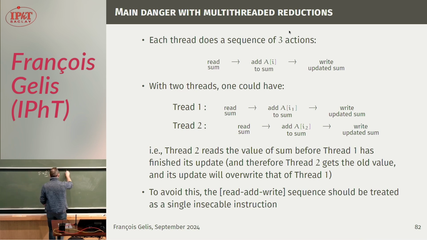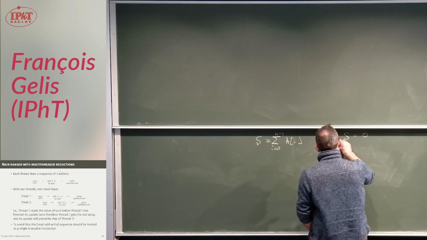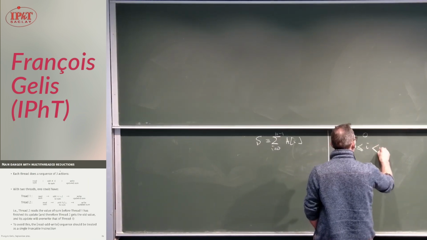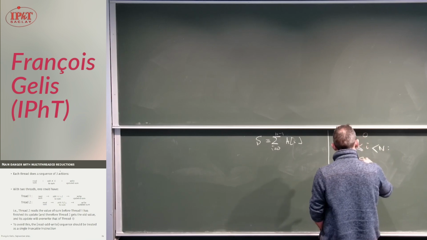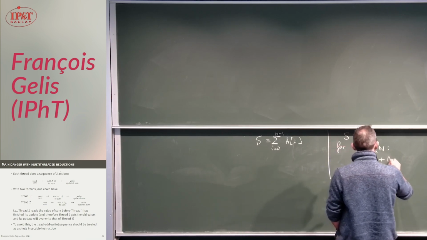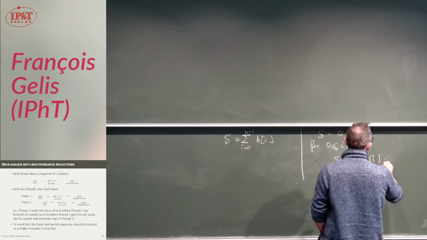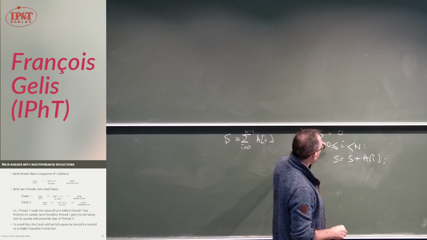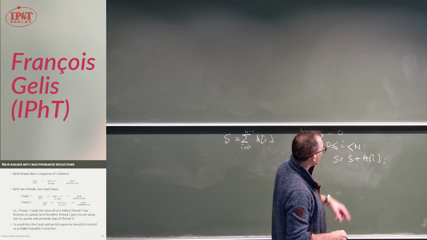The algorithm is that you initialize S at 0, and then you do for i, S equals S plus A_i. This is a typical algorithm for calculating the sum. Start from 0 and you add all A_i in sequence.